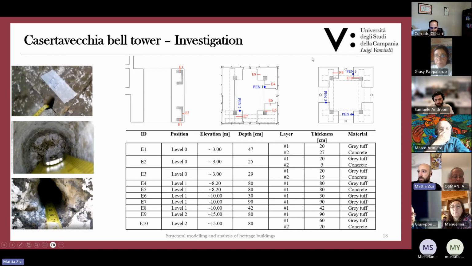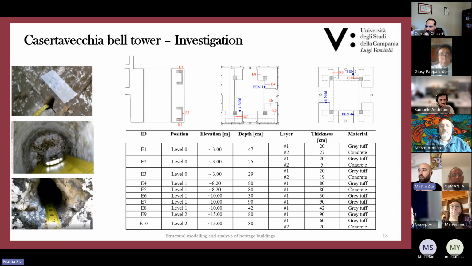Also, we performed some investigation on the tower in order to verify that the information based on the documents we found were confirmed by the real configuration of the tower.